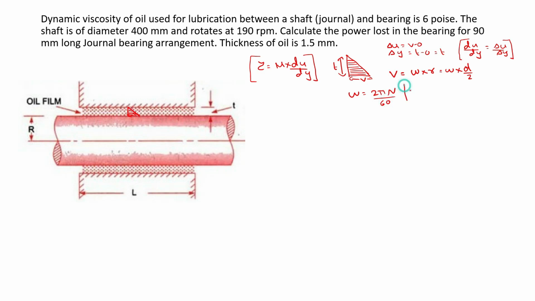So velocity will be equal to 2 pi N by 60 into capital D by 2, that is equal to pi DN by 60. If you solve that, you will get velocity to be 3.97 meter per second.